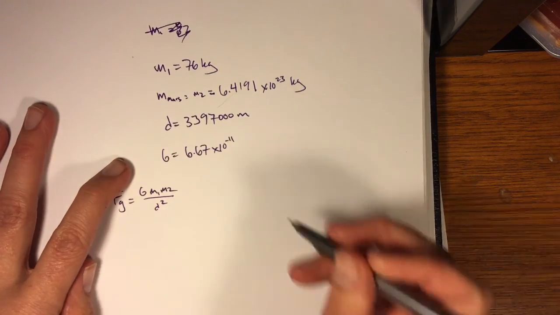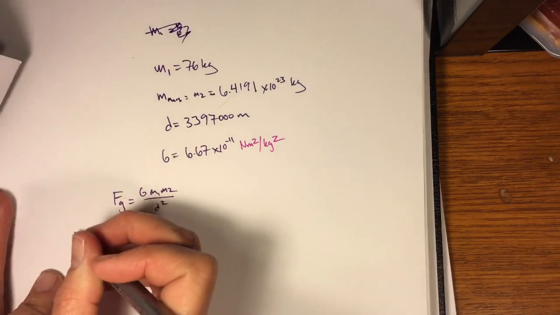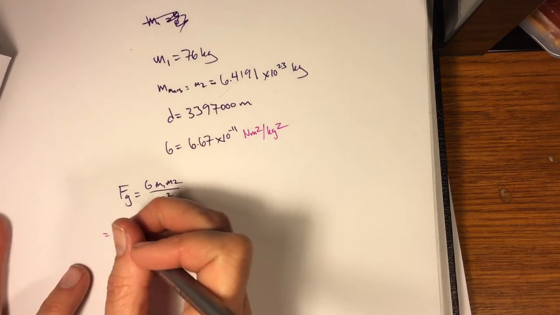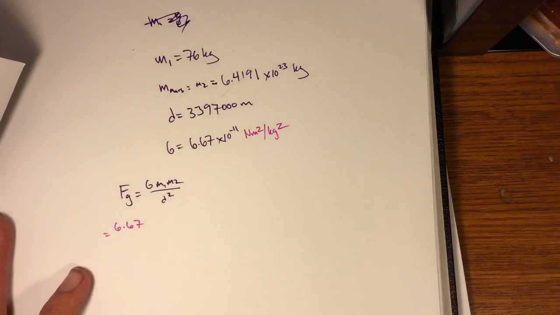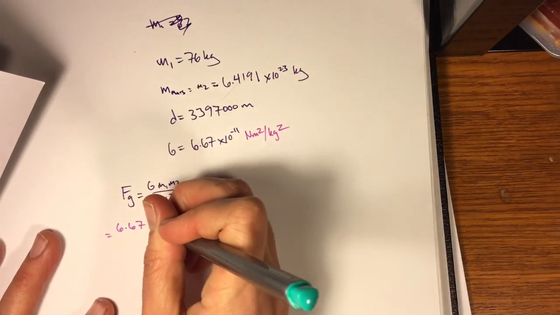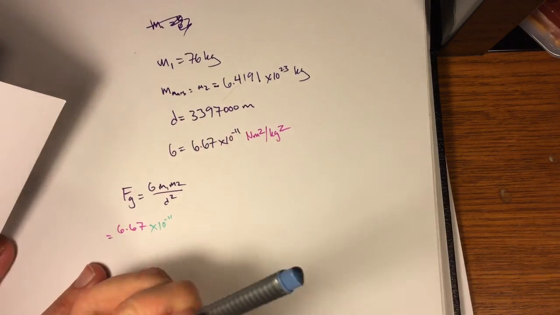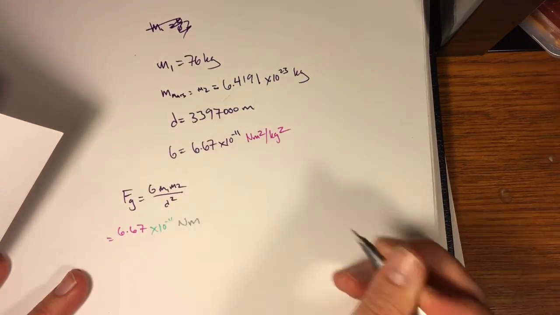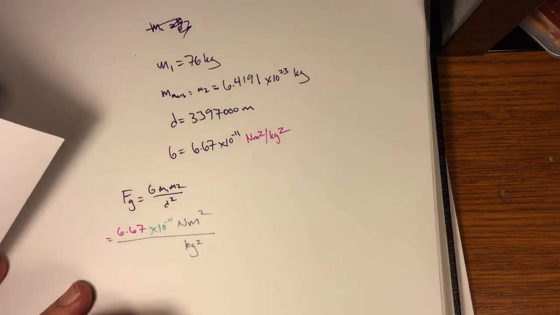That gravitational constant, which by the way is Newton meters squared per kilogram squared, is always going to be 6.67 times 10 to the negative 11th, Newton meters squared per kilogram squared. Okay, that's awesome.